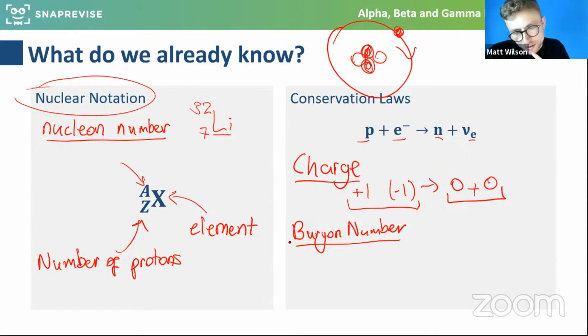Essentially, baryons are a kind of umbrella that we can put protons and neutrons and everything else under together. So a proton has a baryon number of +1. An electron has a baryon number of 0. Neutrons also have a baryon number of 1, and electron neutrinos have a baryon number of 0.